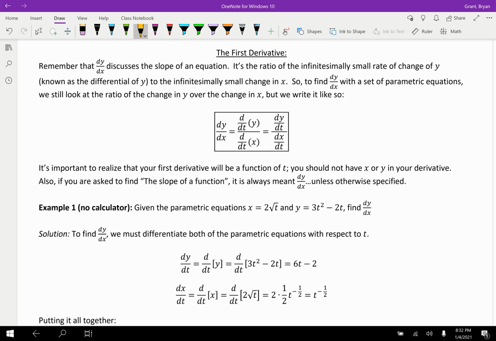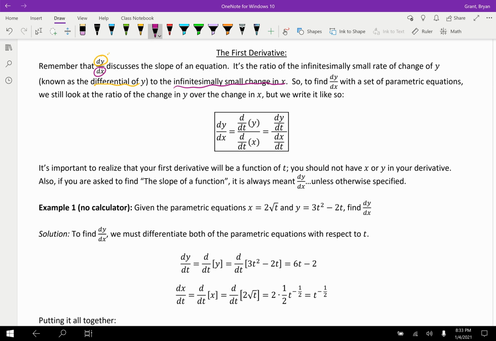And so we really should think of this as the slope formula, where dy is technically known as the differential of y, the infinitely small rate of change of y. So if you have two points infinitely close together, it's finding how the y values change between those, and then we divide it by the infinitesimally small change in x, the differential of x.